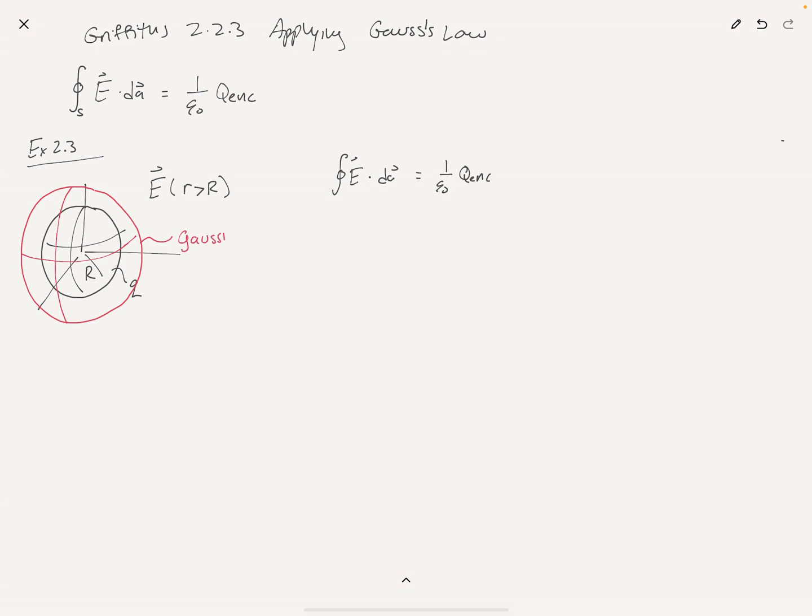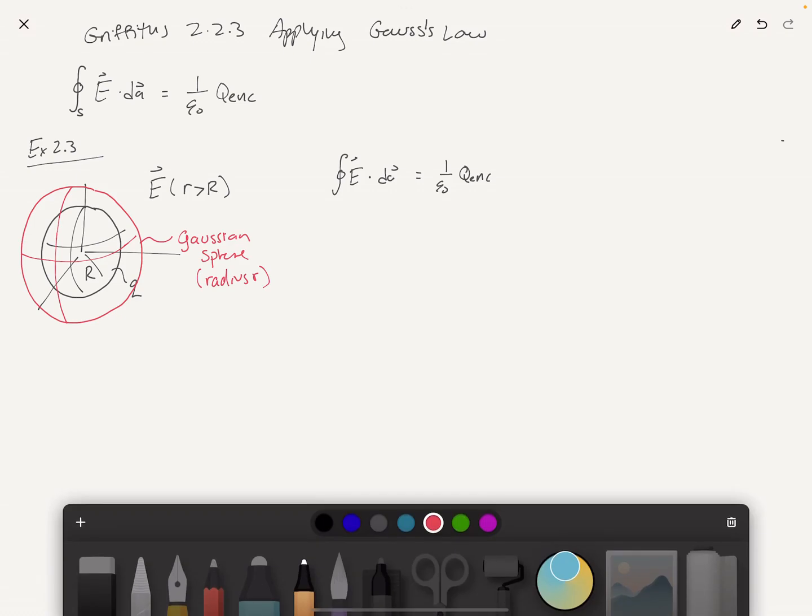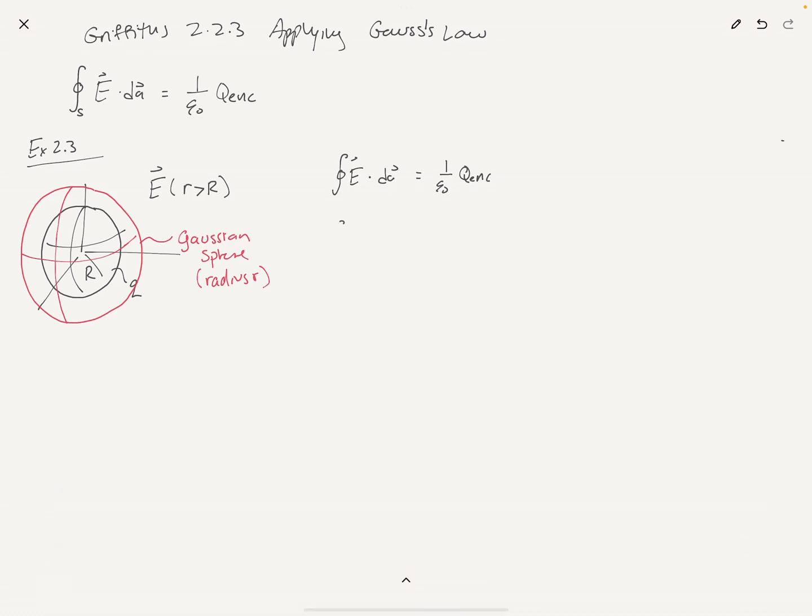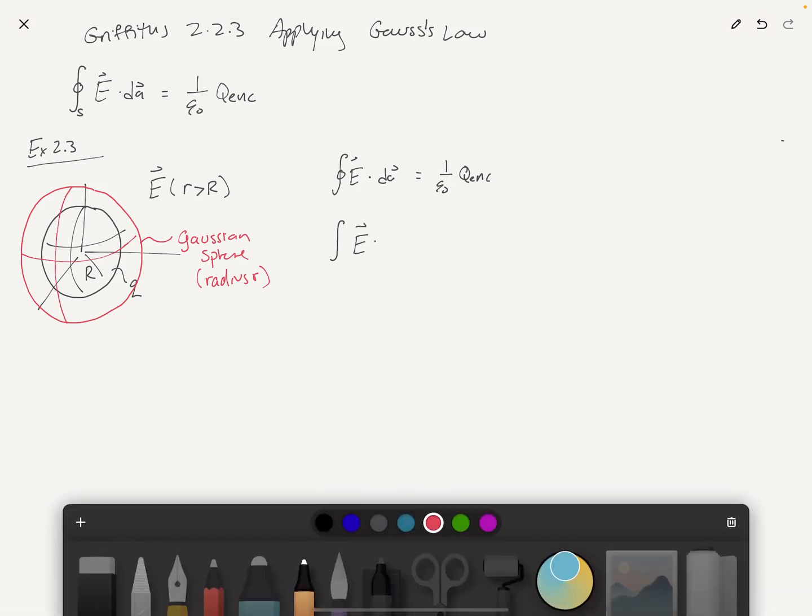This is my Gaussian sphere, radius r. I'm going to evaluate the left side of that integral for my Gaussian surface. So I have the integral of my electric field dotted with some patch on my Gaussian surface.